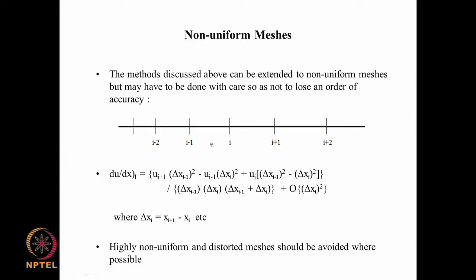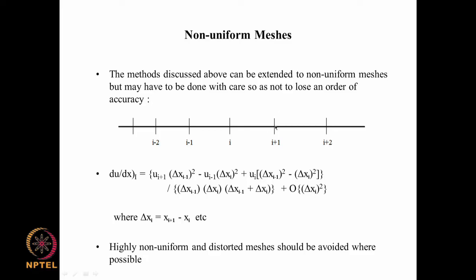then still write, for example, u at i plus 1 as u at i plus dou u by dou x at i times delta x_i plus dou square u by dou x square times delta x_i square by factorial 2, and so on like that.